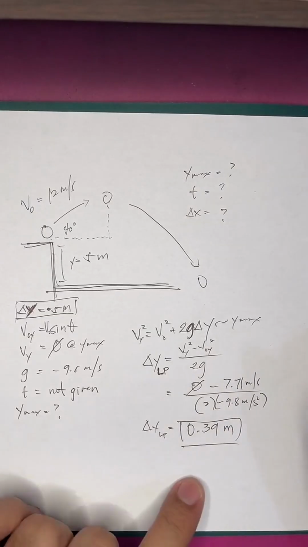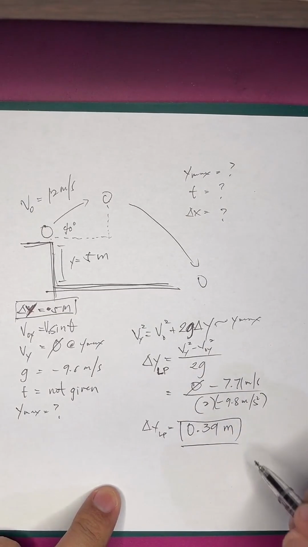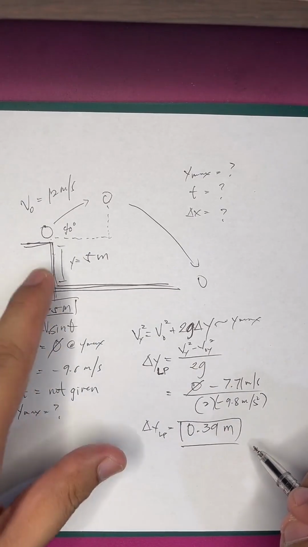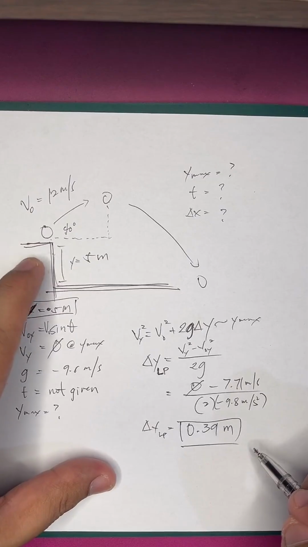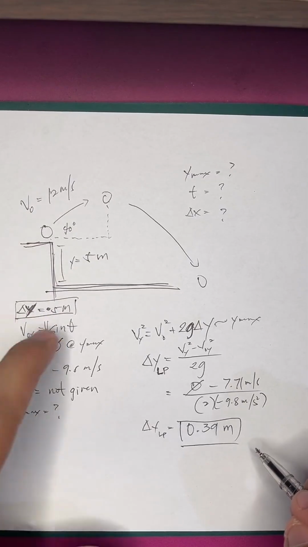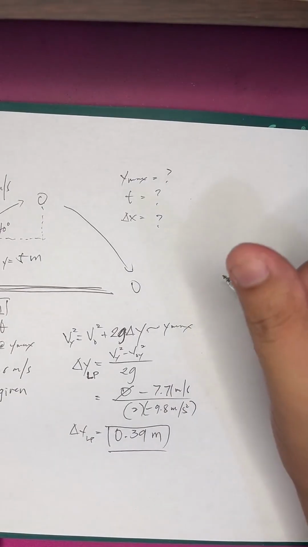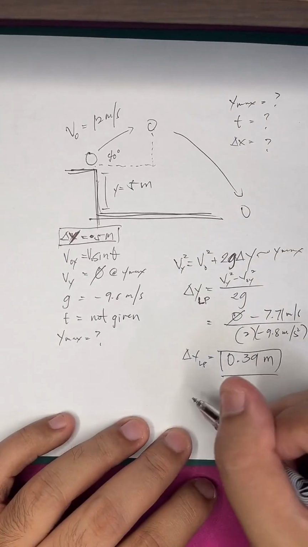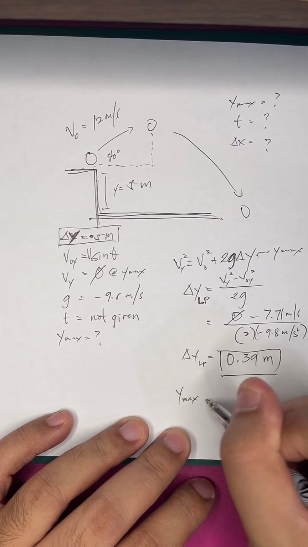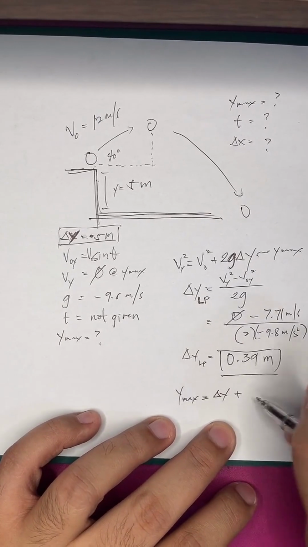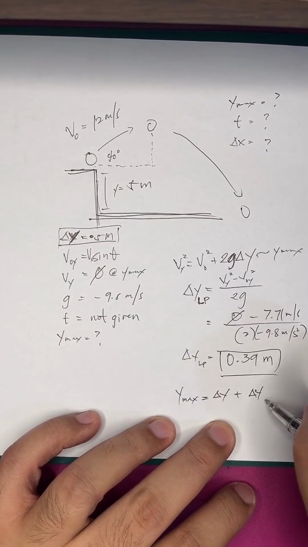What do we do next? Using this calculated height, we add it with the height of the platform. So this is what we will be doing. It will become y max equals delta y plus delta y LP.